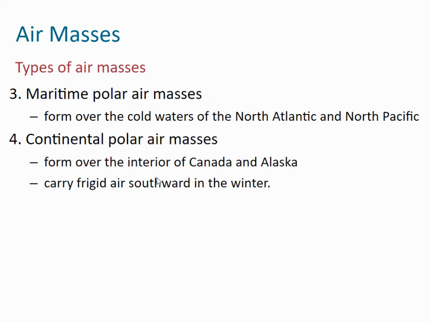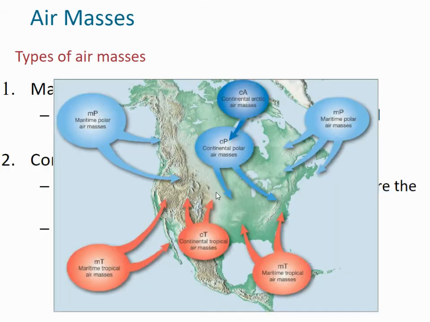Maritime polar, that's where we're going to get a lot of our cold and wet winter storms from. So when we see weather come in, a lot of the time it's going to be coming from the Pacific Ocean to give us our snow.